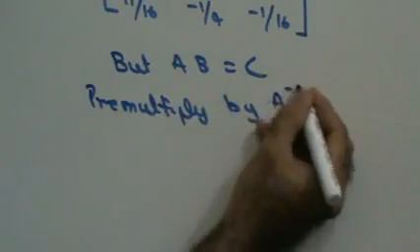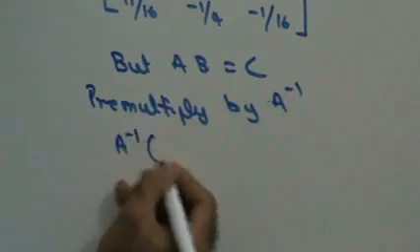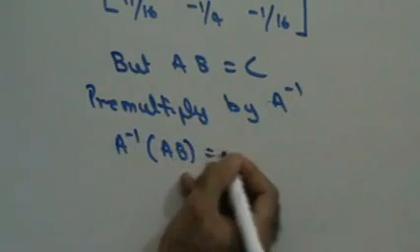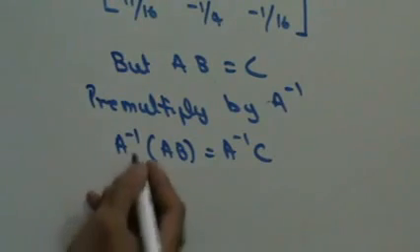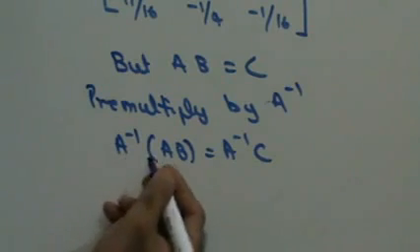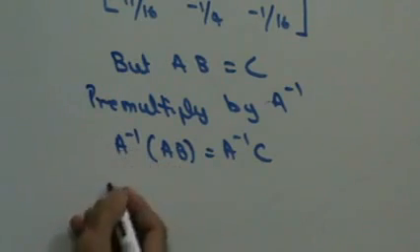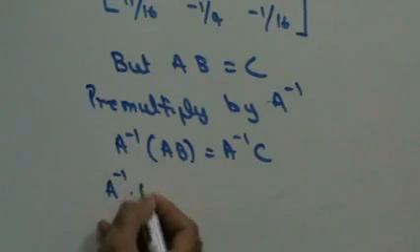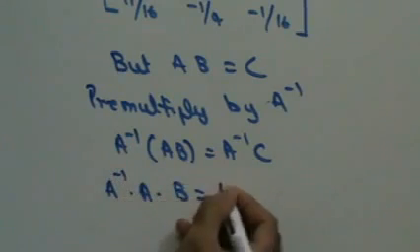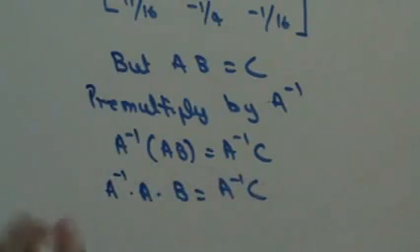If I pre-multiply by A inverse, that means I'll get A inverse into AB is A inverse into C. Now, in that case, I will get this as A inverse into A into B is nothing but A inverse into C.